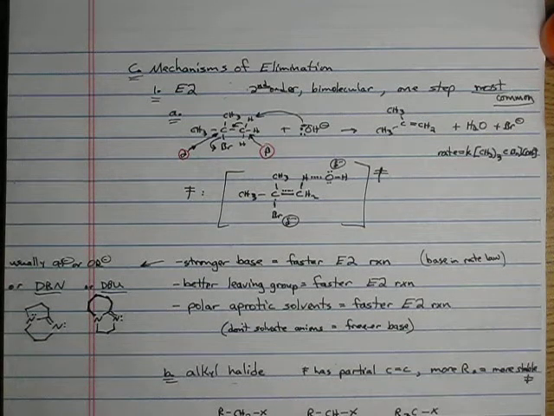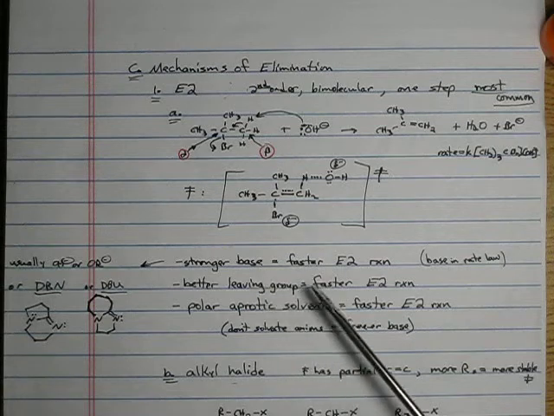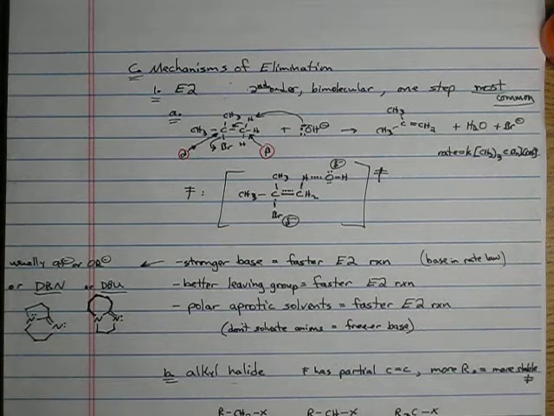Now, what types of things make E2 reactions run better? Strong bases. The stronger the base, the faster the E2 reaction, because the base is in the rate law. Better leaving groups. As we saw before in the substitution chapter, poor leaving groups are not going to get a reaction. Polar aprotic solvents.